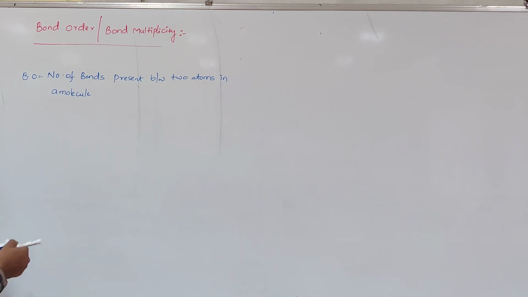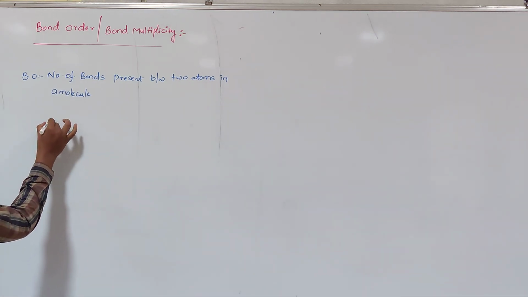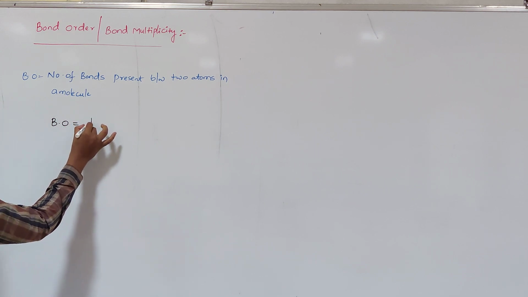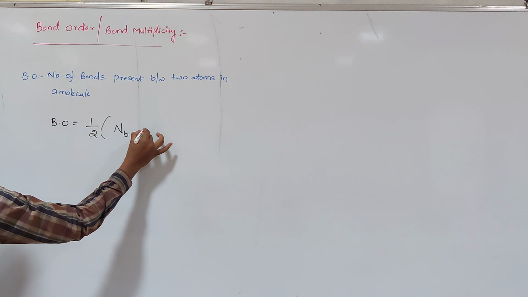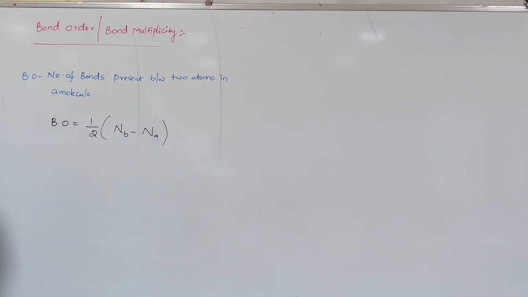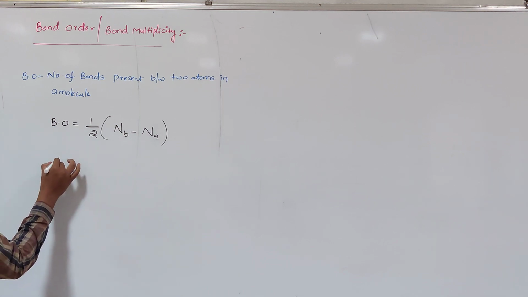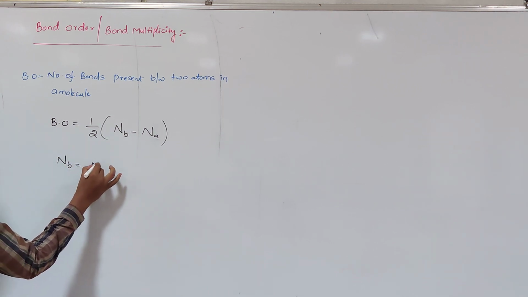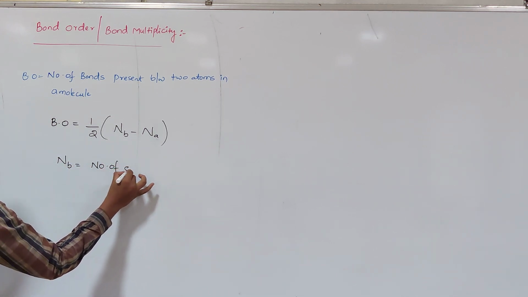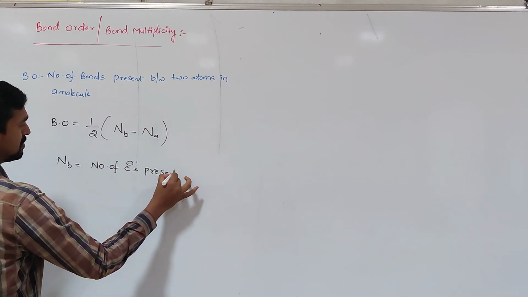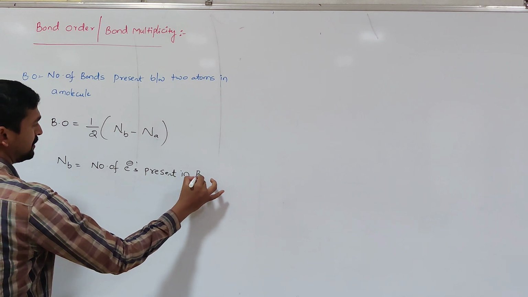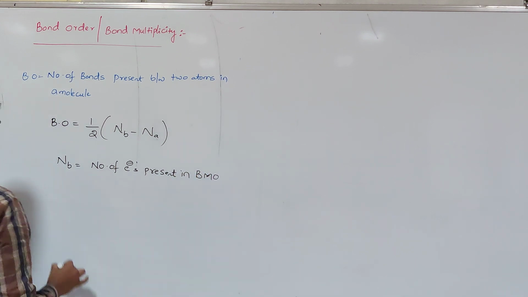How can we determine this bond order? Bond order is equal to 1/2 into (NB minus NA). So what do we mean by NB and NA? NB is equal to the number of electrons present in the bonding molecular orbital, BMO.